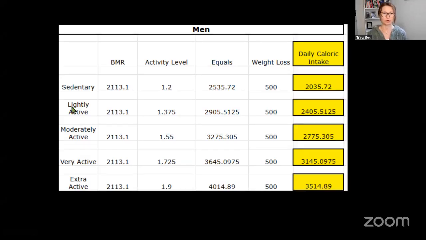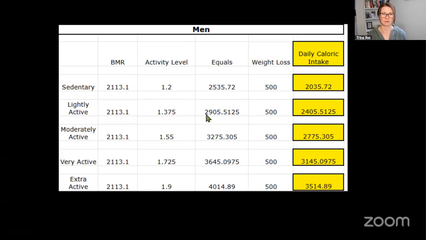Most people, if you're just walking a few times a week, you're going to fall into the lightly active category. So if you're 5'8", 250 pounds and 55 years old and lightly active, your BMR is 2,113 calories per day. That means that's what your body needs just to survive, just to do essential functions.